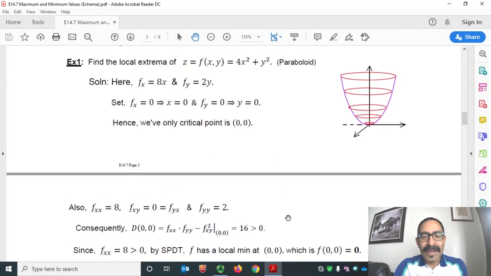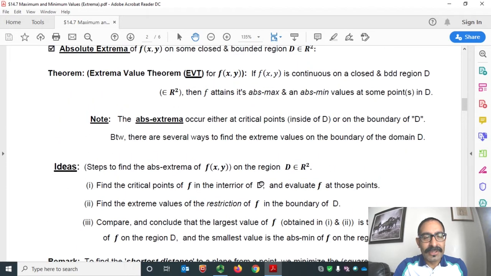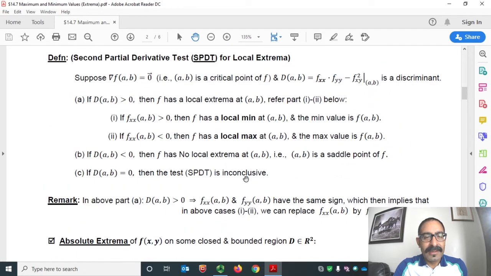Then we apply the conditions, part A. We have the discriminant positive, and also our second partial derivative with respect to x, fxx, is 8, positive. That means we have a local minimum at the critical point, and the local minimum value is f at the origin, right?